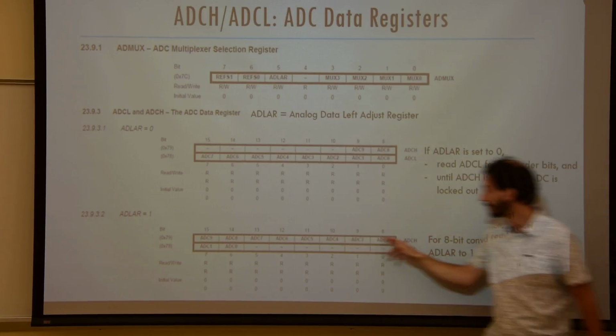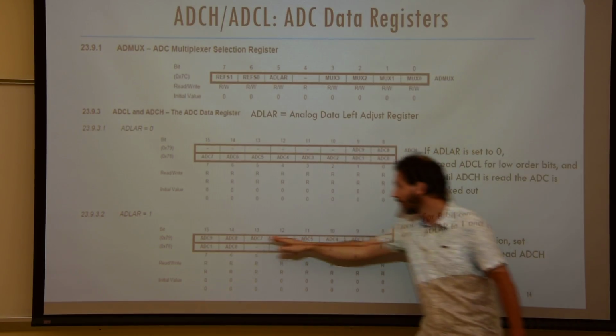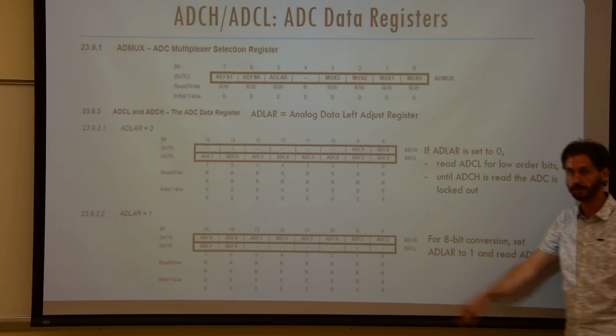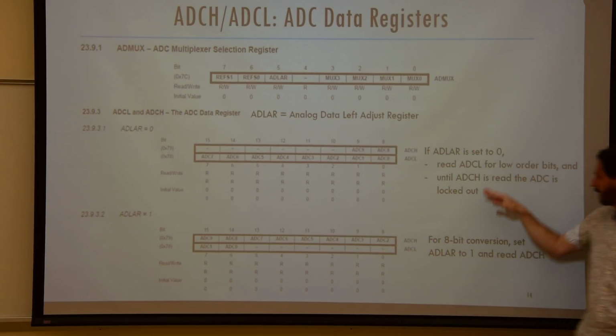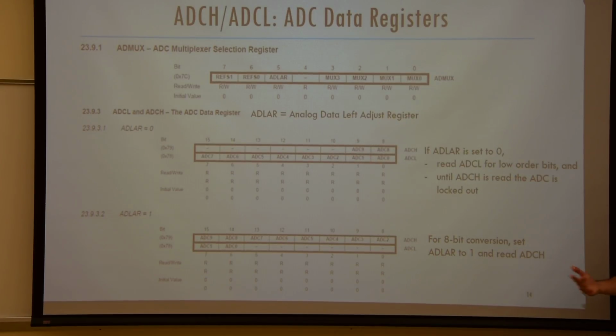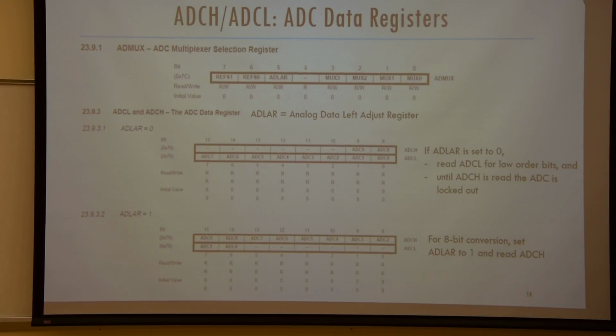Because now we're just reading the ADCH, and that has all the 8 most significant bits of our conversion. So that's pretty cool. And then we don't need to read the ADCL. The ADC is not locked out, it continues. So that's really nice. So these are the two options.